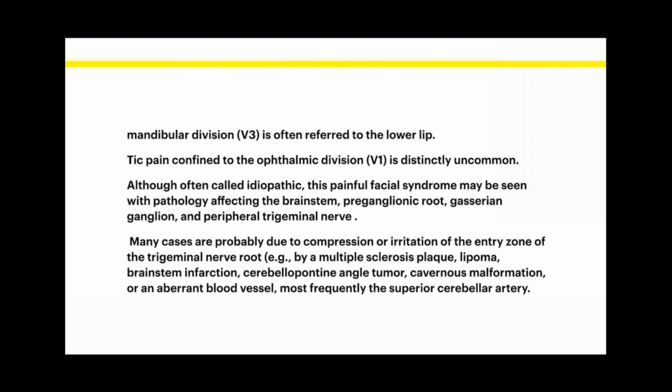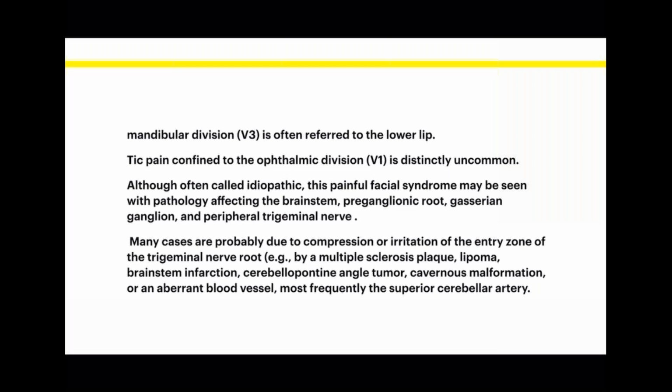Although it is called idiopathic, and I believe lots of people just diagnose it clinically, actually only about 10% of cases are idiopathic, and the literature mentions that the majority have other causes. So we must look for other causes before calling it idiopathic.